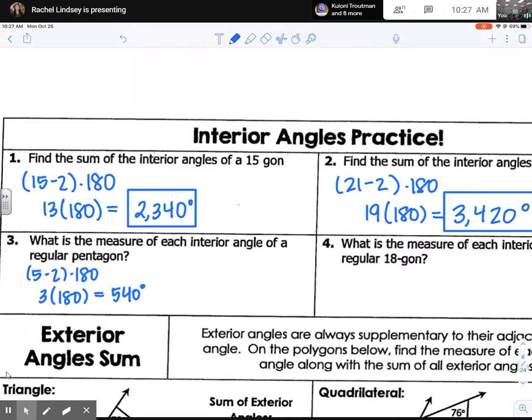If the pentagon is regular, what do we know about all the angles? They are equal. So we're splitting 540 into 5 equal angles. What's 540 divided by 5? 108. So each angle of a regular pentagon is 108 degrees.